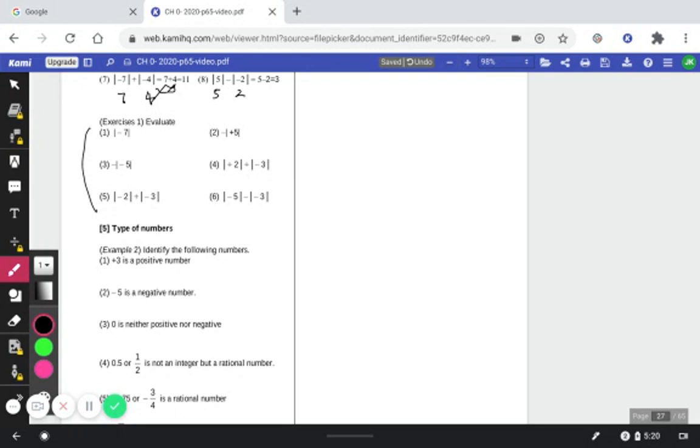So again, here we talk about the signs. For the sign, you don't say plus or minus. You say positive or you say negative.